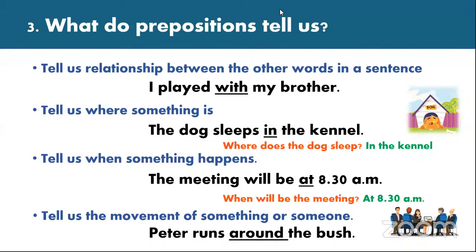And I asked you to read the sentence without the preposition with. If I read it to you, I played my brother, it is clear that it doesn't give you a proper meaning. If I use the preposition with in between played and my brother, then it gives you a proper meaning. You can understand it. Right.